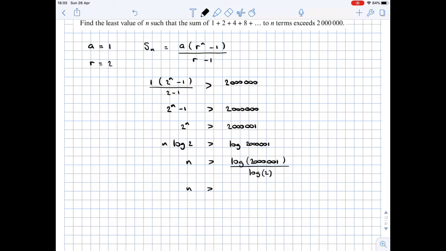So we want to know n is bigger than, using our calculator, an answer of 20.931. Therefore, n must be equal to 21. So the least value of n is 21.